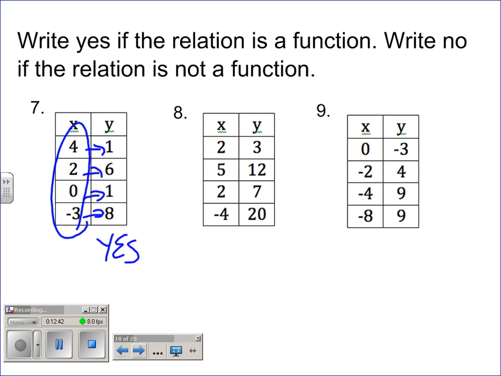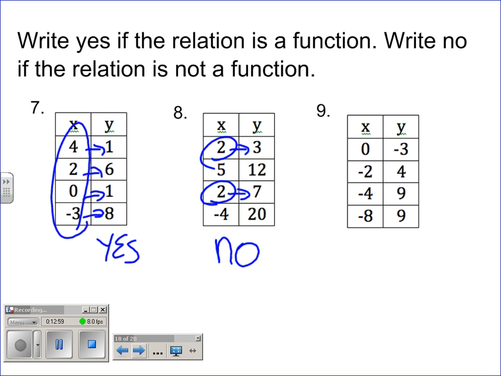Number 8, quick, make a decision before I tell you the answer. This is not a function because an x value of 2 gives you a y value of 3 and a y value of 7. So it should only give you one y value, not two different y values.